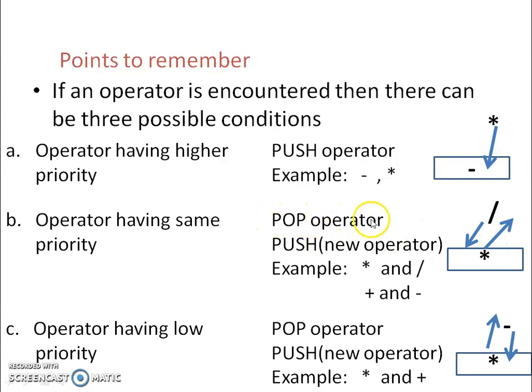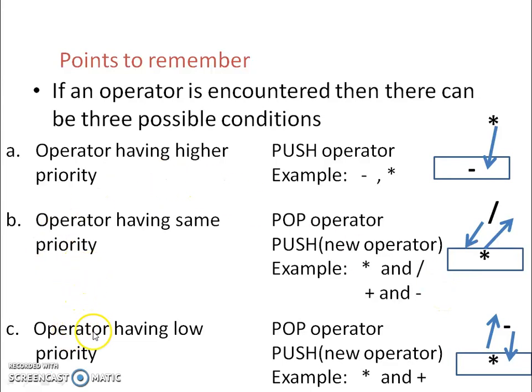So first the pop operation is done with the old operator, the operator lying inside the stack, and then the push operation is done with the new operator. For example, the operators with the same priority are the multiplication operator and the division operator. In the same way, the plus operator and the minus operator also have the same priority.